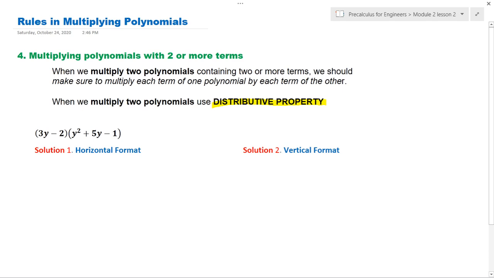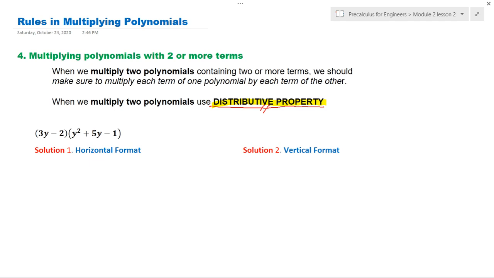So, in short, kapag nag-multiply ka ng ganitong klase ng polynomials, you apply distributive property as highlighted here. Apply this distributive property. And in multiplying this type of polynomials, you can have two solutions. We have horizontal format and vertical format. So, para madali tayo, I will just show you one type of solution.